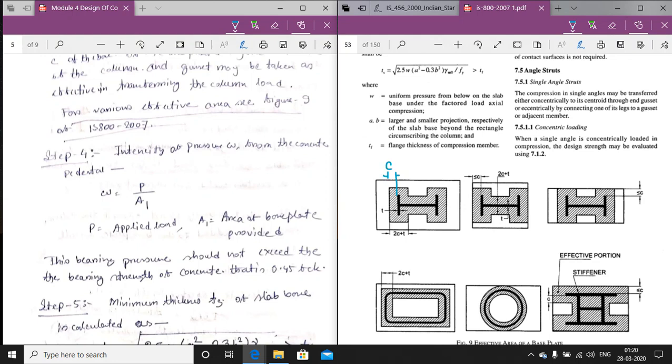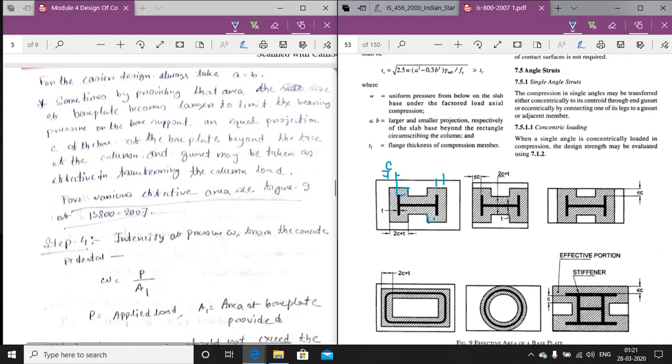Here it will be C, here it is also C. So for all sides, the projection value will be equal to C if the total bearing area coming is high. So we will put the value of C in this formula in place of A and B.